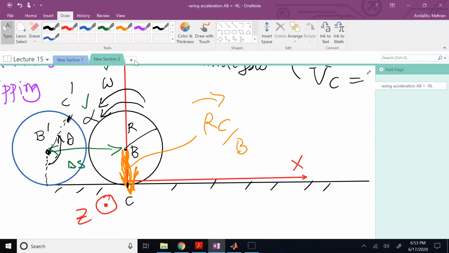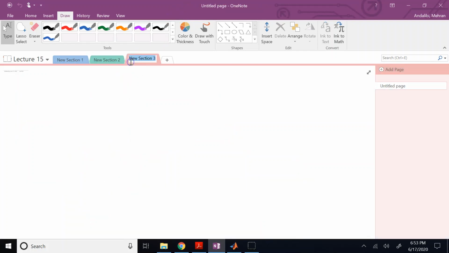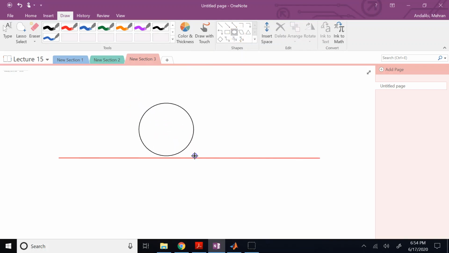So I'll try to do such a thing for you, because that's the question I asked my students in class. And I said, hey, do you think it makes any sense that the contact point is going upward? And some said yes and some said no. So what do you think?